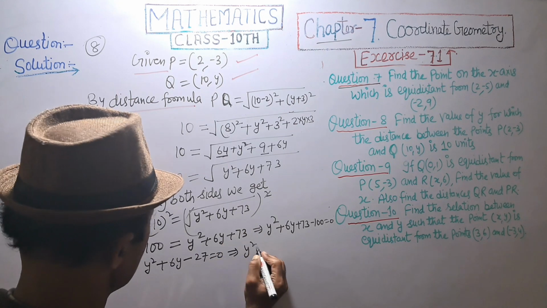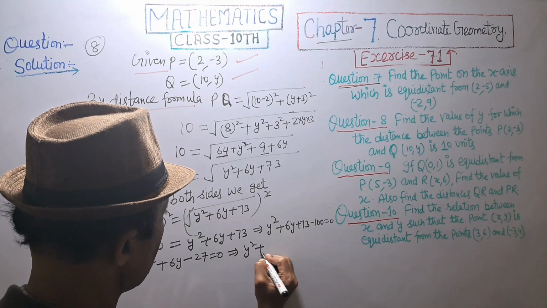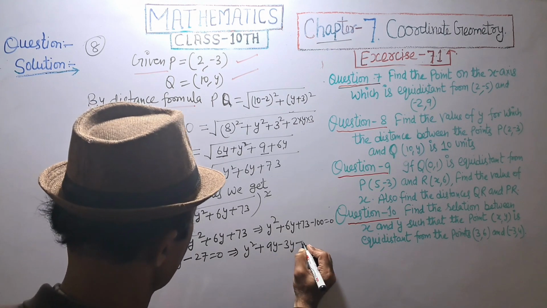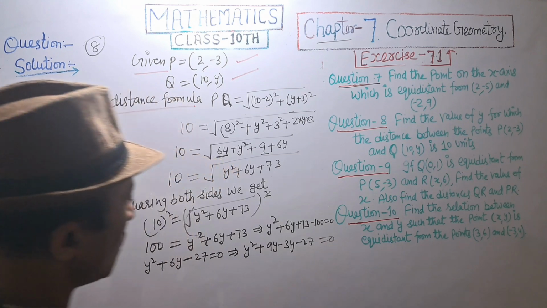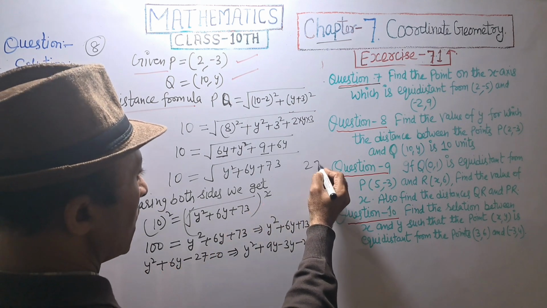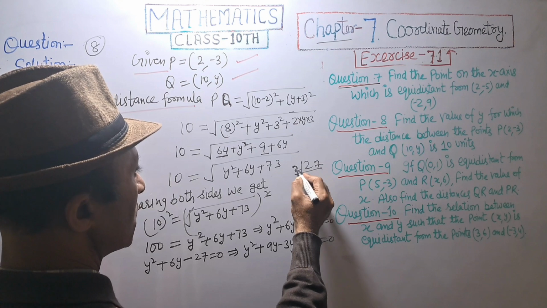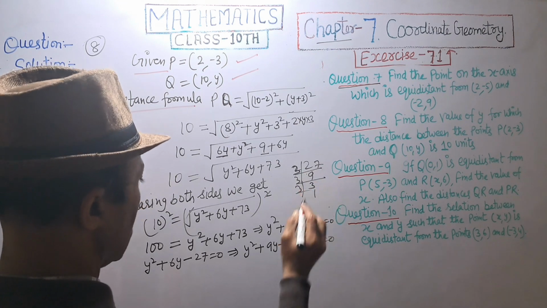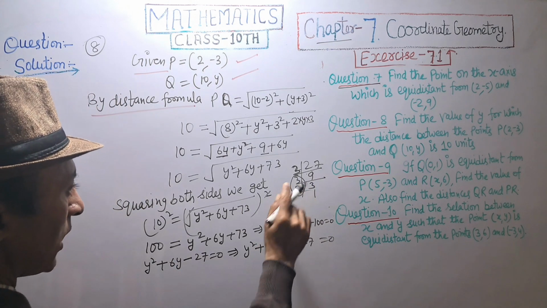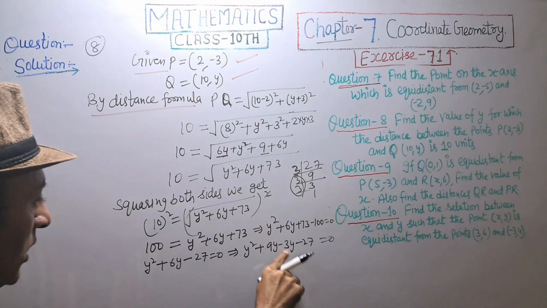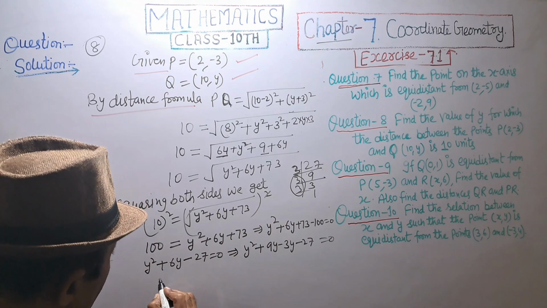This implies y square plus 9y minus 3y minus 27 is equal to 0. Factors of 27: 3 9s are 27, 3 3s are 9, 3 1s are 3. 9y minus 3y is equal to 6y.